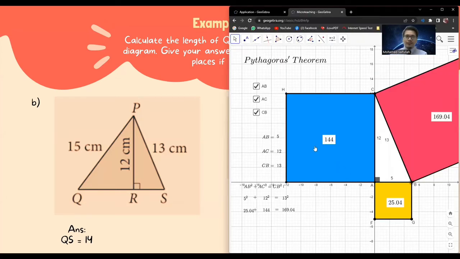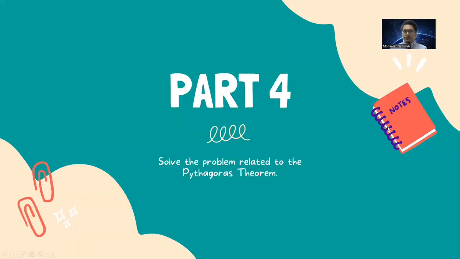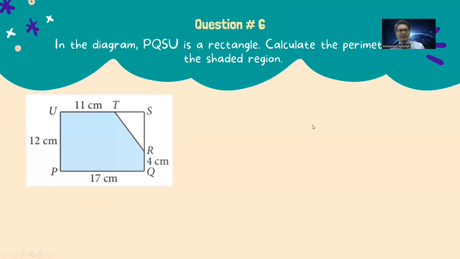So let's proceed with the last part of this lesson, which is to solve problems related to the Pythagorean theorem. Question 6. In this diagram, PQSU is a rectangle. Calculate the perimeter of the shaded region.